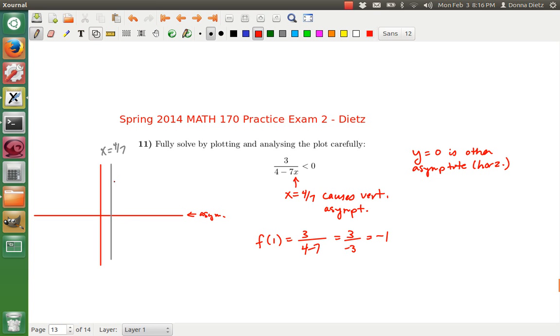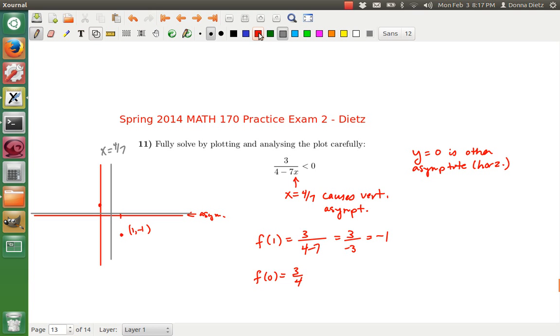So 4/7 is here, so 1 may be over here somewhere, and then maybe -1 is down here. That just gives you one point of reference. Well, f of 0 is an easy one to pick, and that would be 3/4. So that's over here, and again, we know we have another asymptote right over here.